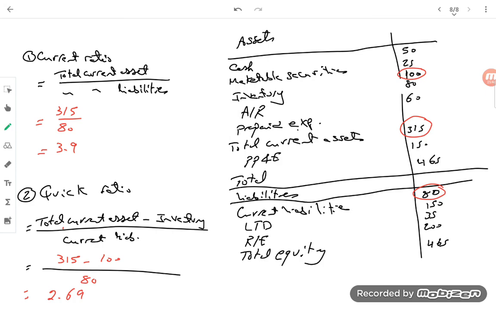A very high liquidity ratio means that the company holds a large amount of liquid assets. So it must be at appropriate levels, not very high and not very low. It's somewhere in between, in order to be able to meet its obligations, and at the same time not too excessive or holding a very large amount of liquid assets.